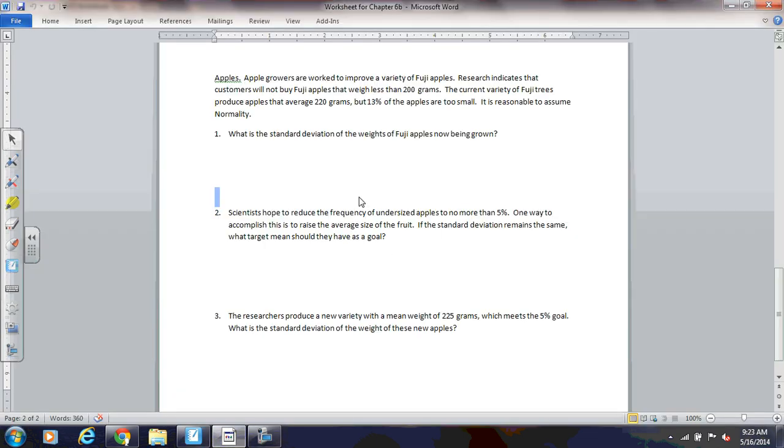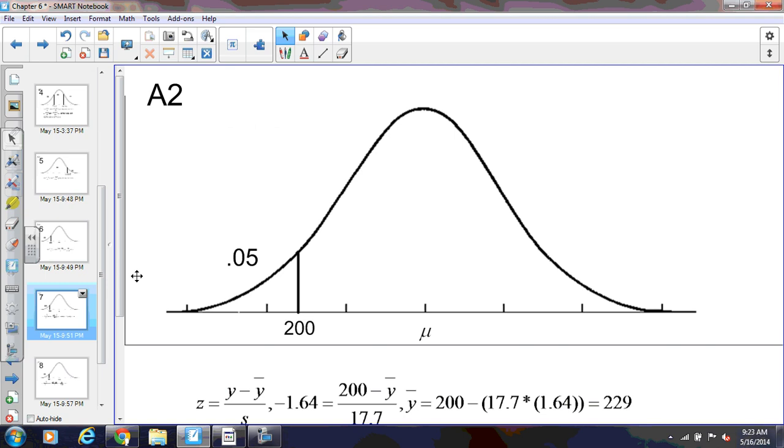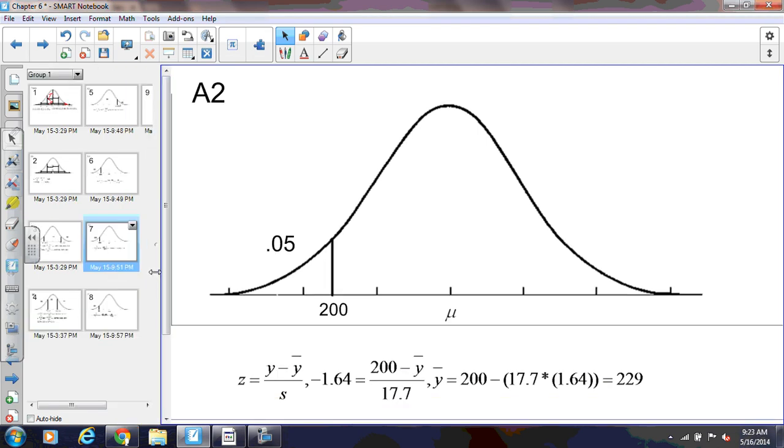We're going to use that information in question 2. We're going to keep that standard deviation the same, but they're hoping to reduce the frequency to no more than 5% that are undersized. So we'll be looking at this here.